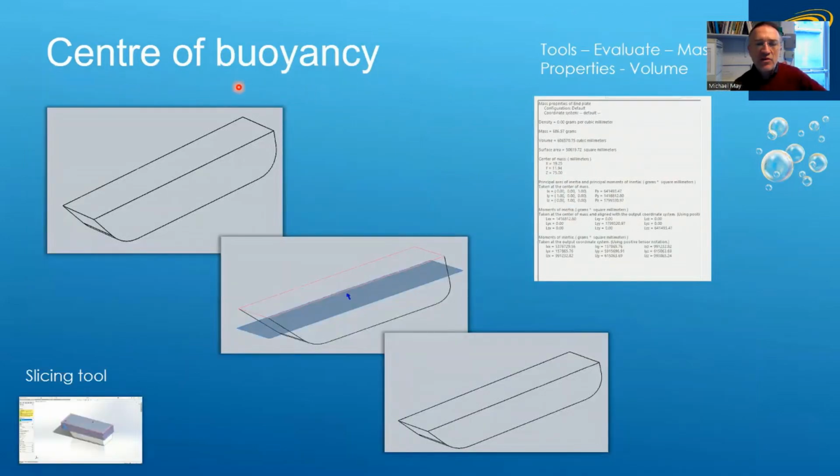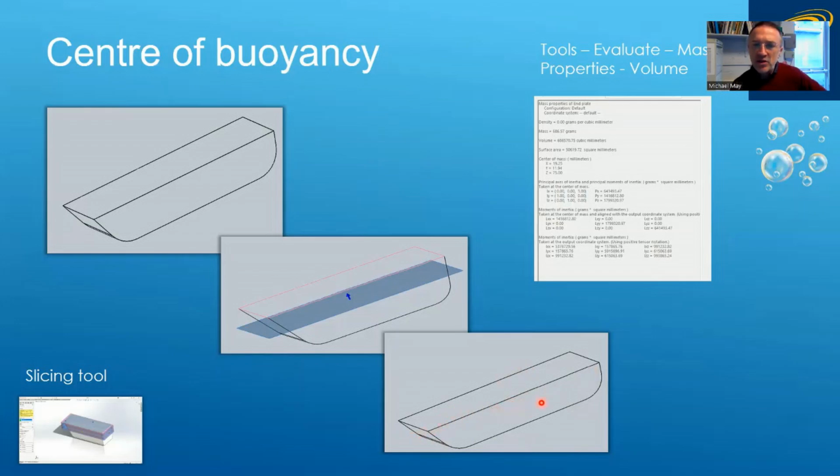When it comes to the center of buoyancy and the buoyancy force, imagine a solid version of your boat, so if you've shelled it, unshell it, so it's solid. Then offset a plane at a distance you think the waterline exists, and split your boat at that point and deal with the volume below the surface of the water.